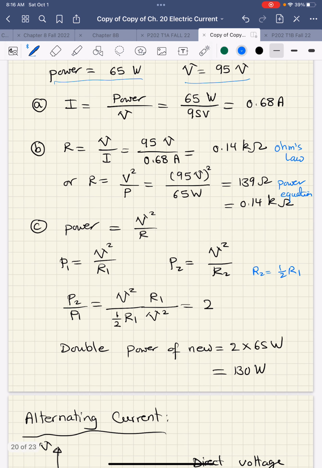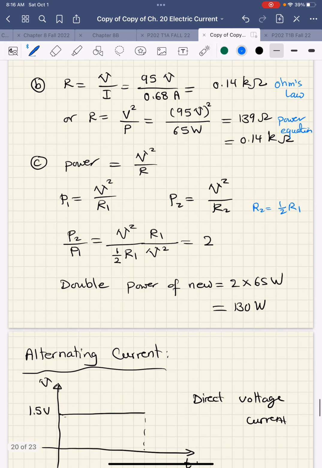Therefore, I substitute these, and then I divide P2 over P1, and from that I get that the power is going to be double. Then the new power is 2 times 65 watts, and that is going to be 130 watts.